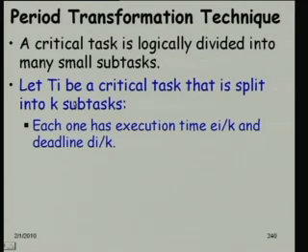So, here the task Ti has execution time Ei, and let us say it needs to complete by Pi. So, what we can do is we can say that, see, we will split it into k smaller tasks.